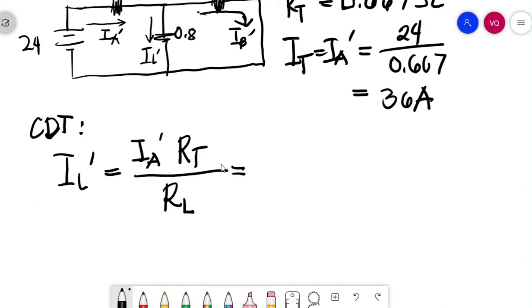So, this total resistance here is not the 0.667 but it is the parallel combination of 0.8 and 0.4.